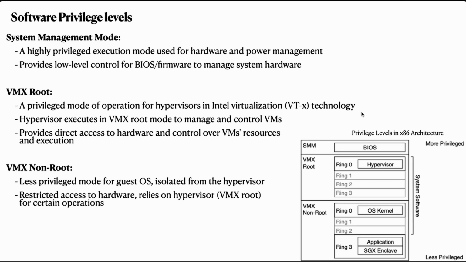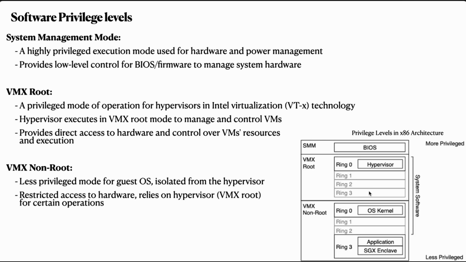The traditional x86 architecture uses protection rings, which are hierarchical protection domains to provide different levels of access to resources. Ring 0 here is the most privileged level, and it is used by the kernel mode of the operating system. It has full access to hardware and system resources.